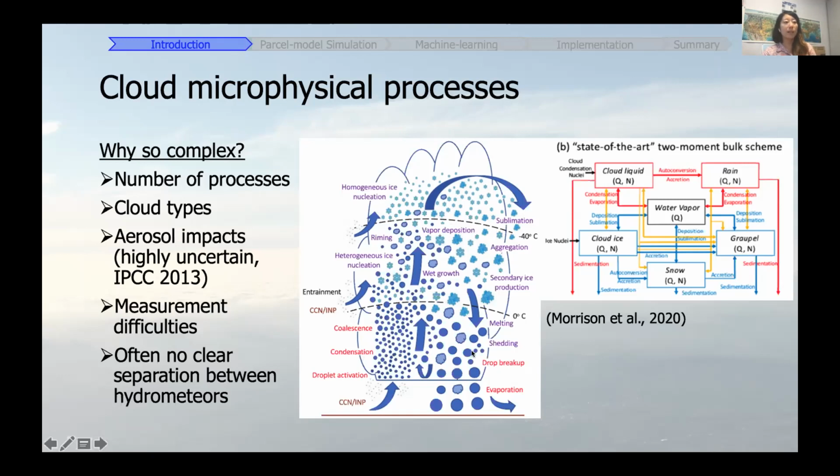But in reality, a lot of times there is often no clear separation between different hydrometeors. Cloud droplets are small, but they grow in size gradually, and eventually they fall to the ground as rain. But sometimes in models, we need to make a clear separation between liquid cloud droplets and raindrops. So that's another difficulty in cloud microphysical modeling.